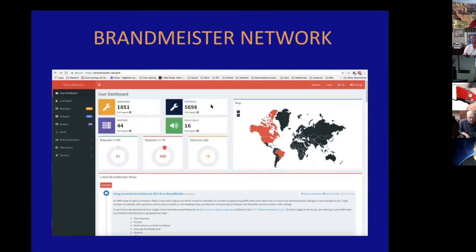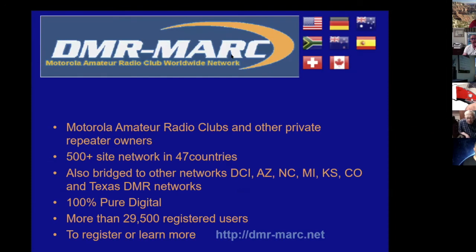So if you're looking for something to talk about, you can probably find it on the Brandmeister network. And by the way, whether you're going to be on the Brandmeister network or the DMR MARC network is up to the person in control of the repeater that you're working with, or if you have a hotspot, you can just select wherever you want to transmit.